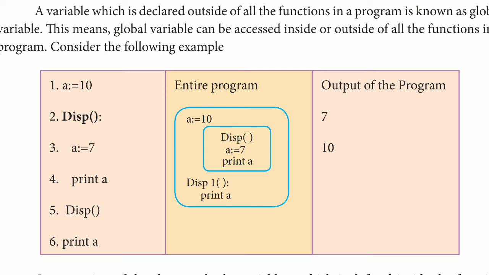So this is a local variable. Now they are printing the value of a, which is 7 here. After that they are calling the disp function, and then they are just printing the value of a.